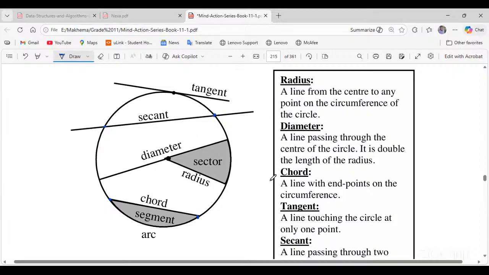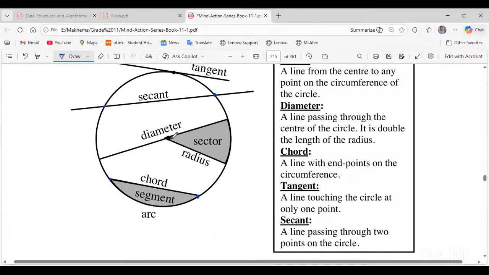That is a secant. And then we have the sector, which is this part between the radii, because the plural of radius is radii.